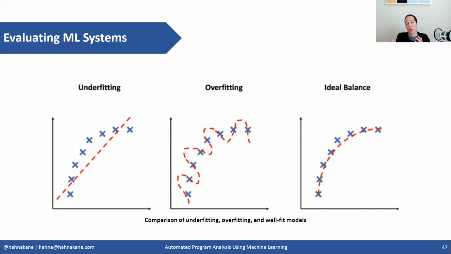Really, you're trying to find the best fit. You want an ideal balance where you have a good representation of the relationship between your input and output data, right? So this line here would be considered a best fit, really just creating this arc among the data points. If you get a new data point, it'd be much easier to predict where that would fall on this curve compared to this drunken walk or this incorrect linear relationship.